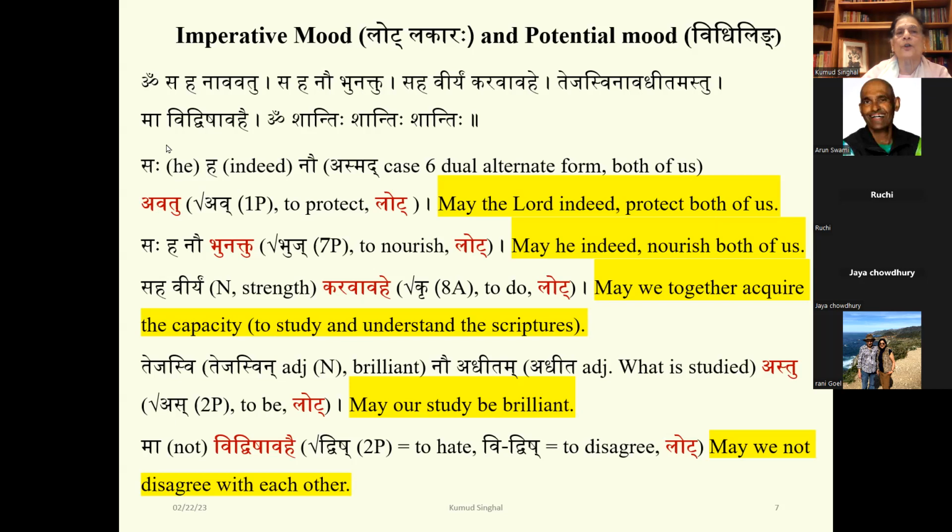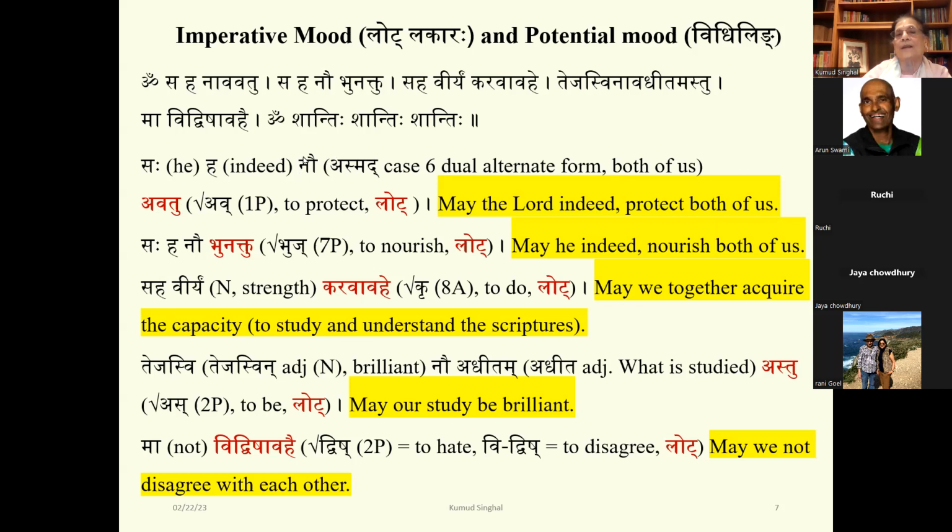He is standing for the Lord. May the Lord, right? So he refers to the Lord. Ha is an indeclinable, which means indeed. Nau is an asmat, like aham, vayam. So this is the sixth case, the alternate form. So this means both of us.